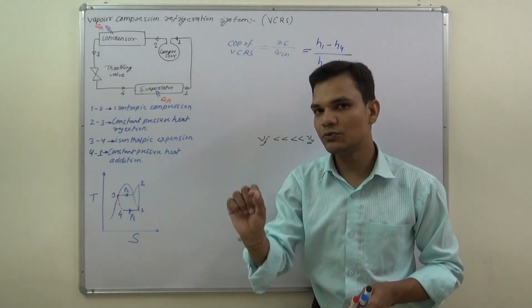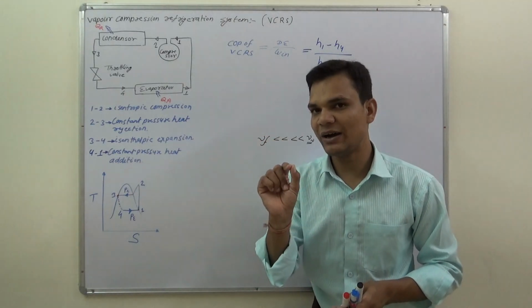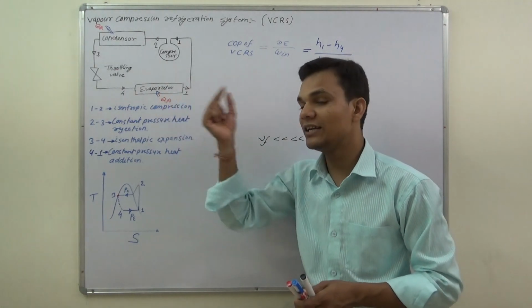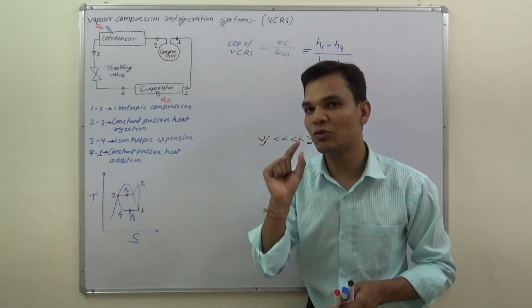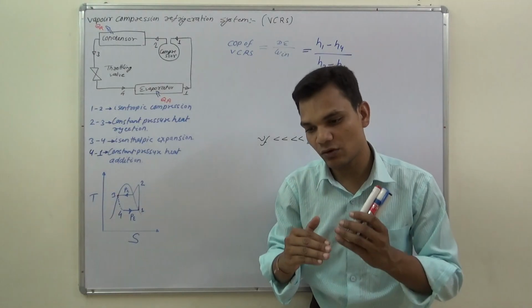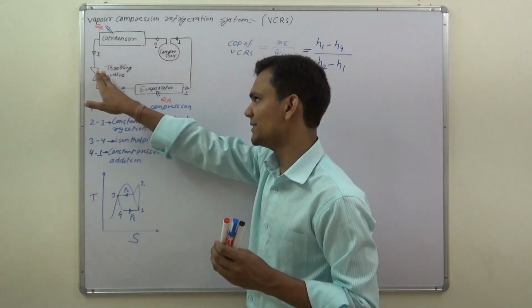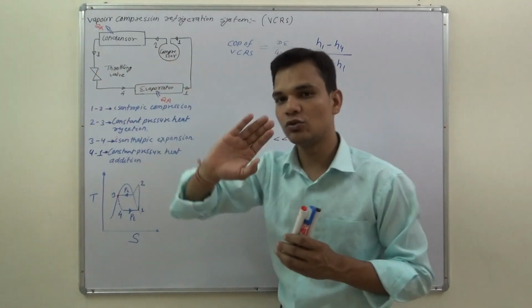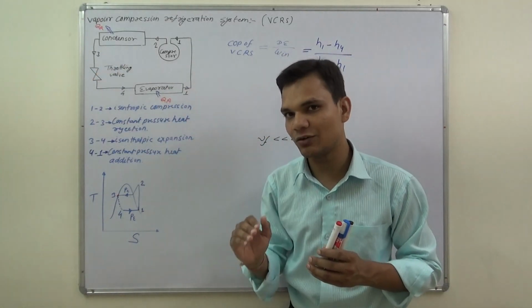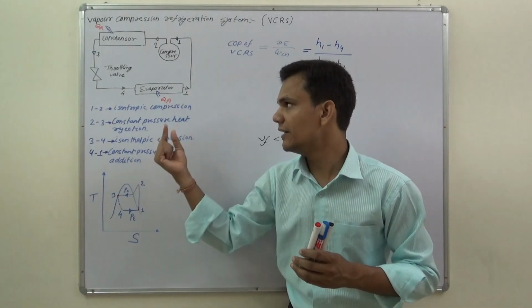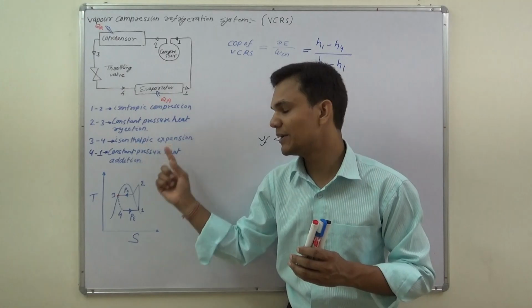So we prefer a throttling valve in place of a turbine, because if we install a turbine here, we get a negligible amount of work, but the cost of the turbine increases. So we use this cheapest device, known as the throttling valve, to reduce the pressure of the working fluid from higher pressure to lower pressure, and this process becomes an isenthalpic process.